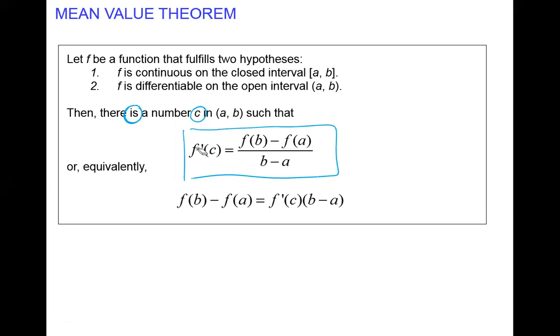Such that f prime at c, the derivative at c, or slope of the tangent at c, is equal to f of b minus f of a over b minus a. You probably recognize this is the slope of the secant line between a and b. The only condition that is missing: we don't really have to have exactly the same values for A and B. Let's look at the graphs.